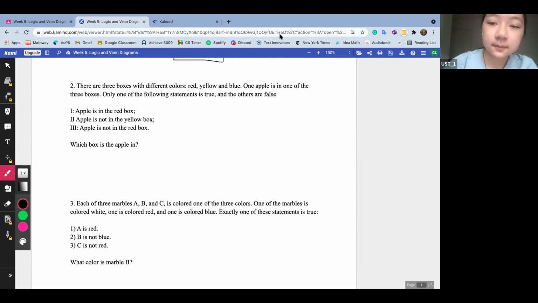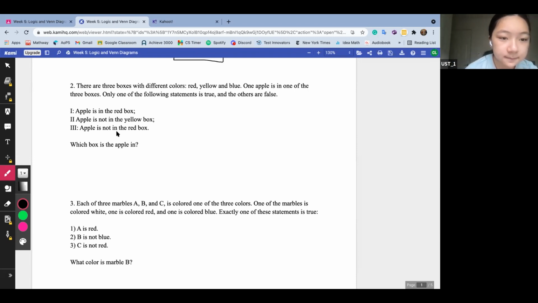Okay, so I want to explain it now. Only one of the statements is true, so that means there are 2 false statements. Statements 1 and 3: the first one is the apple is in the red box, and the other is the apple is not in the red box. Those 2 statements contradict each other, which means one of them has to be true and the other has to be false.